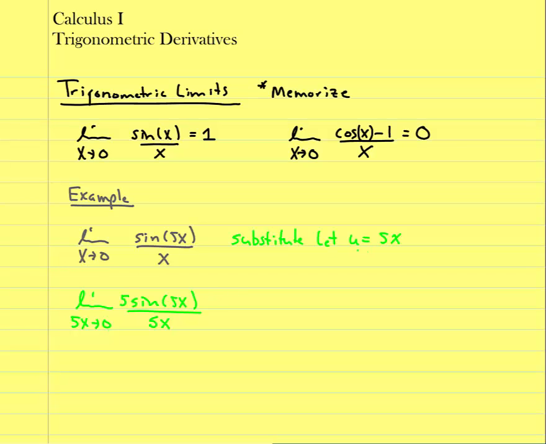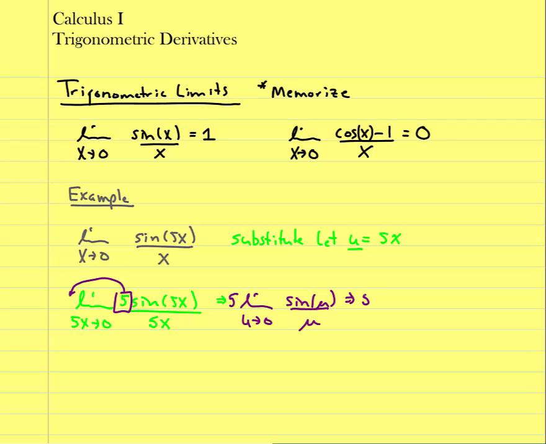So when I make this substitution to let u equal this value, I end up with the limit as u approaches 0 of the sine of u over u. Now I have all of this here, except for this 5, which I have to pop out front. The reason I have to pull that out front is that it's left over after I use my u substitution.